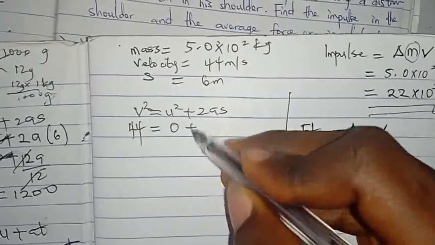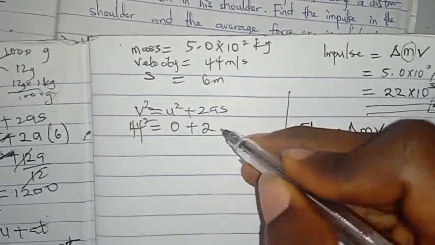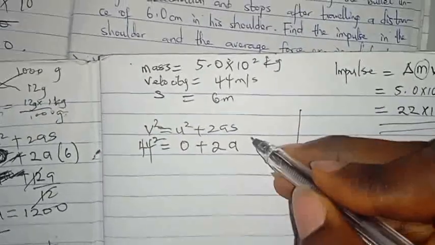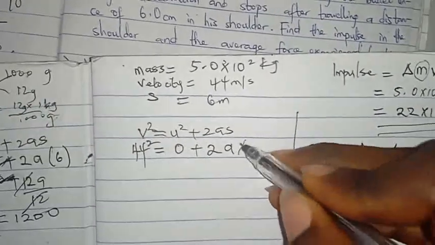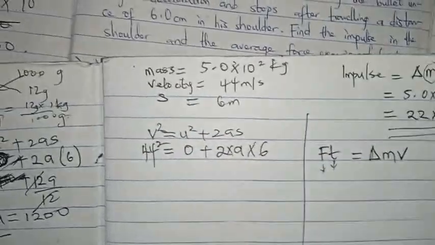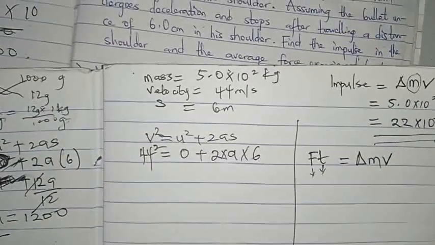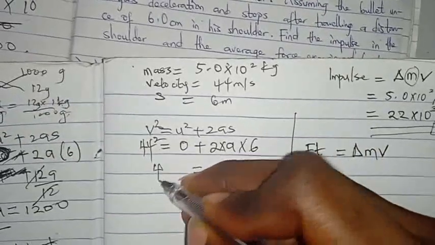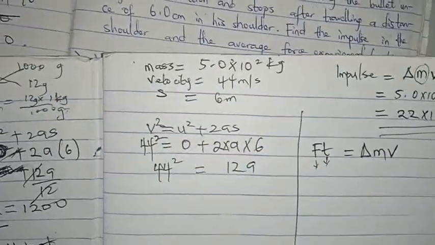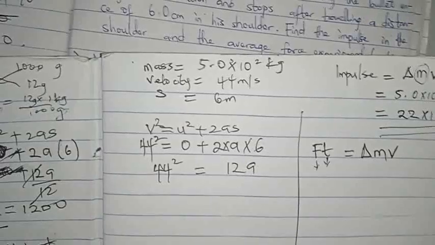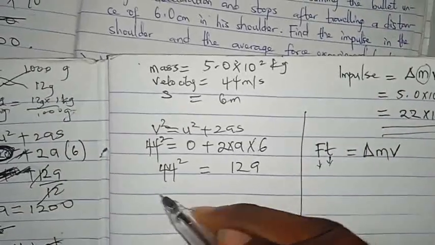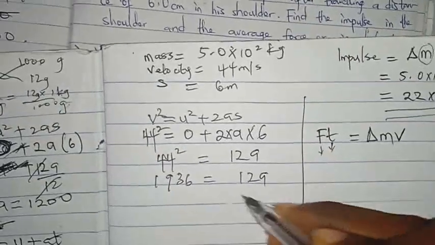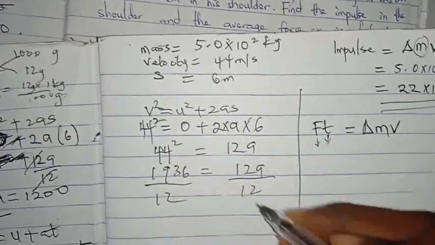So 0 plus 2a times s, which is given as 6. 2 times 6 is 12, so you have 12a equal to 44 squared, and 44 times 44 is 1936, equal to 12a. Divide both sides by 12.